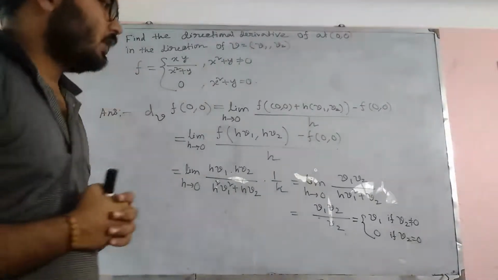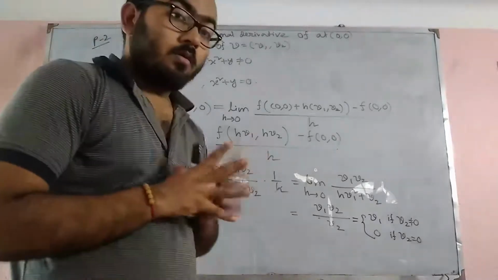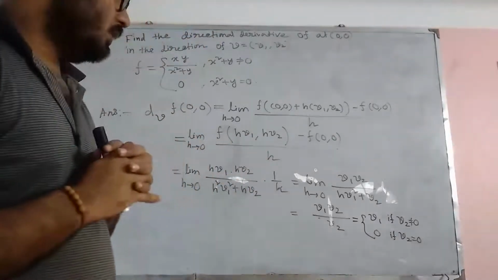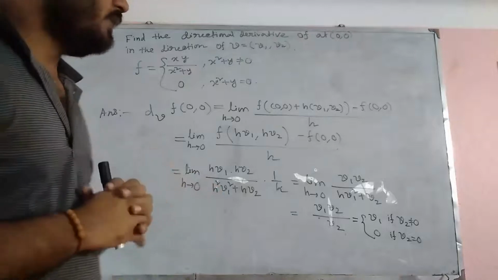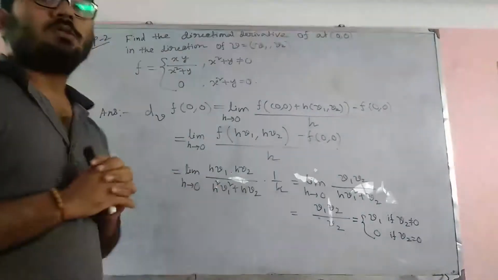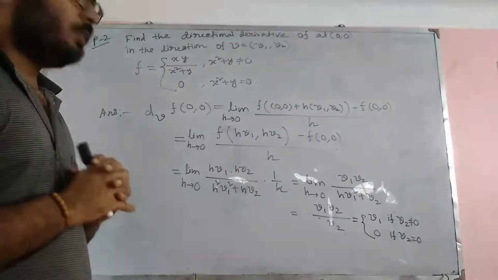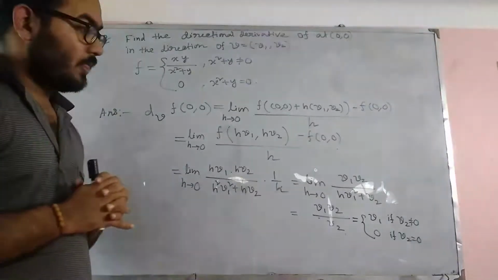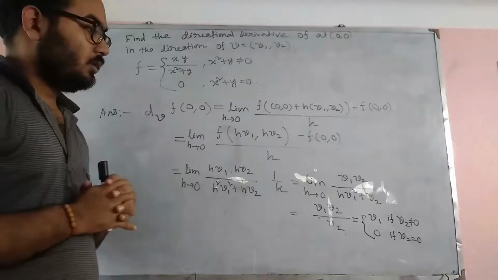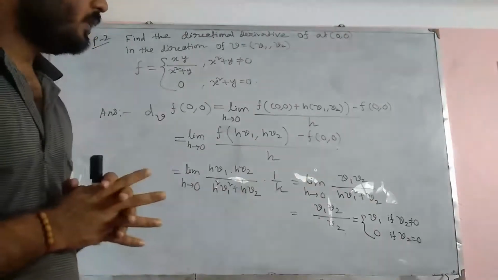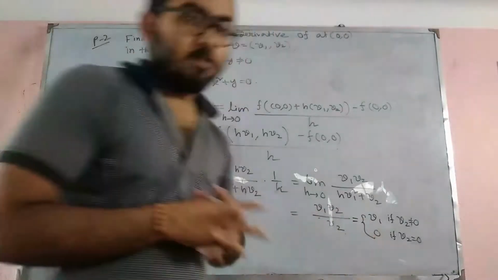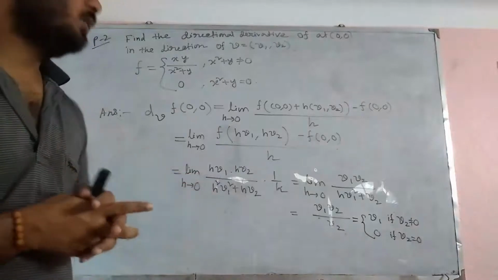And for non-zero v2, the limit is v1, very finite. But if v2 is 0, then what do we do? We have to assign a value, and the suitable value is 0.